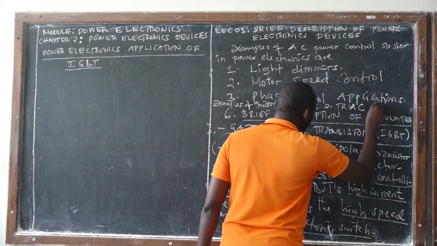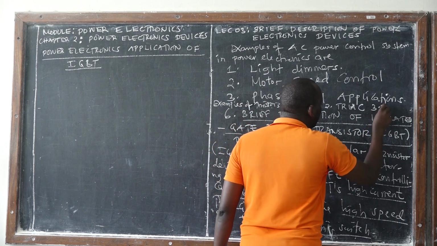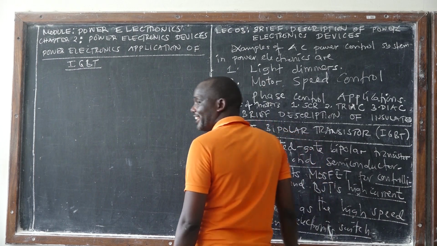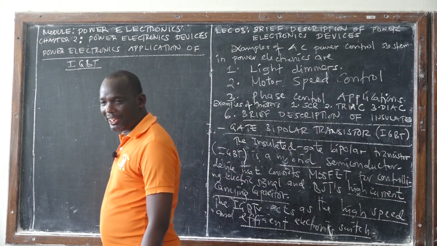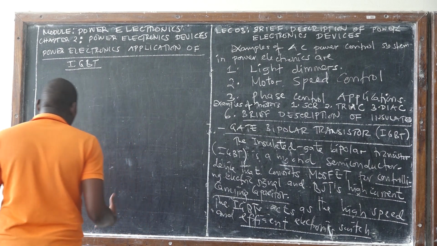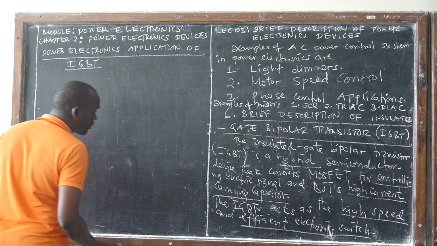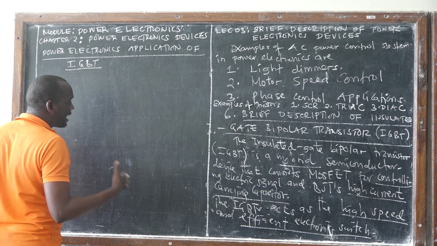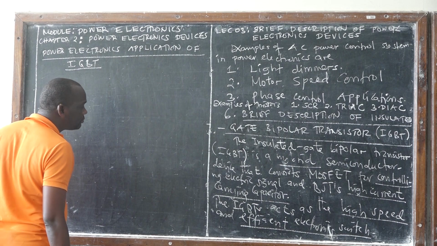Okay, if you don't pronounce it, you leave it there. Then another example is called the diac. Say diac. So we have SCR, triac, diac.